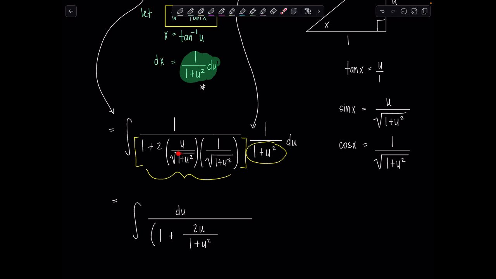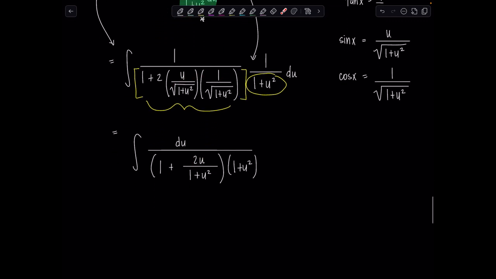Since I have two radicals with the same radicand. And then this all gets multiplied by 1 plus u squared. Let me make sure I haven't lost you. This 1 plus u squared is right here. I multiplied square root of 1 plus u squared by itself, so it's just 1 plus u squared. 2u in the numerator, and then still plus 1, okay?